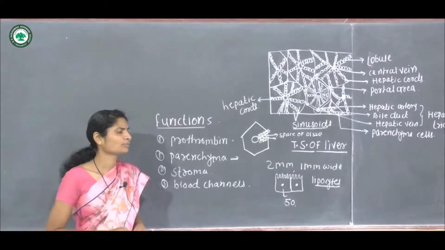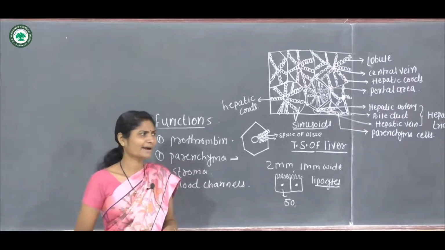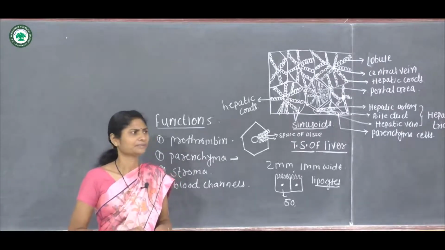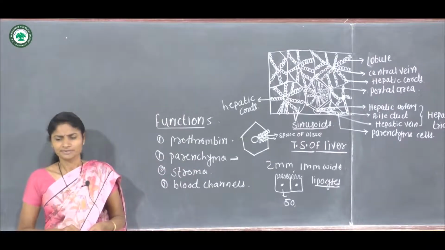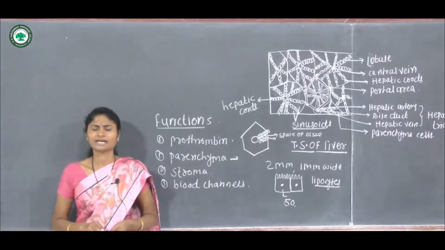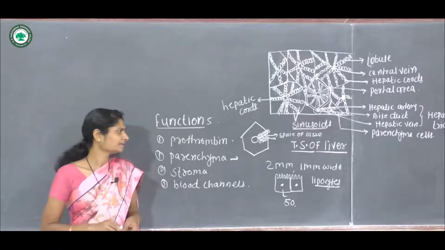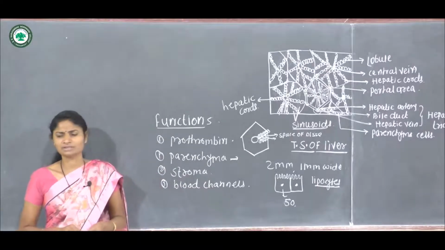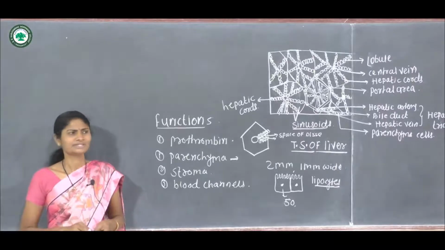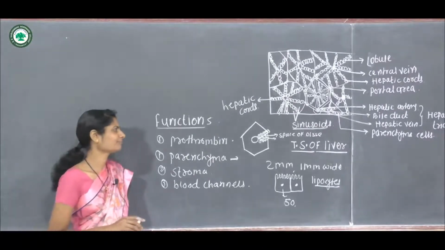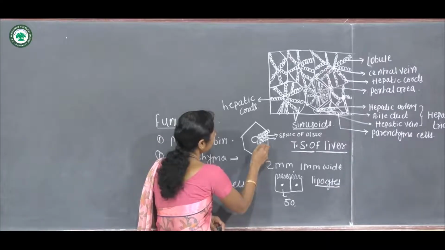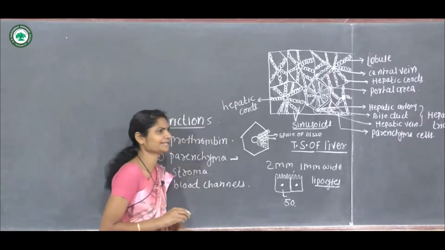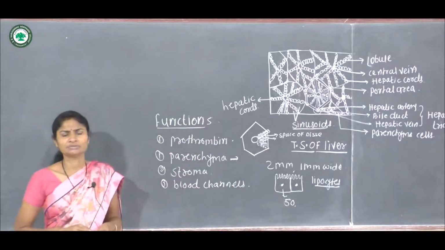Next point in our list is the bile duct. The bile duct is also called the hepatic duct. The minute channels between hepatic cords are called bile canaliculi. Here a small duct is present, called bile canaliculi.